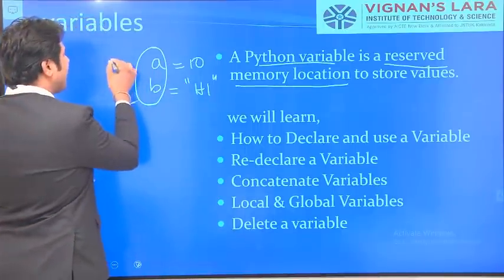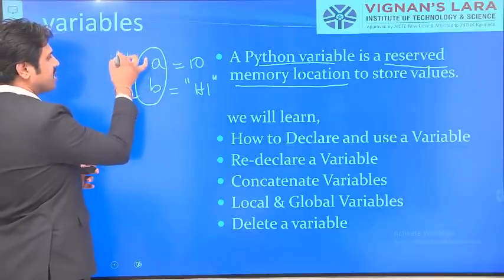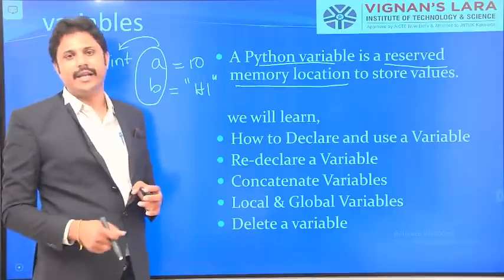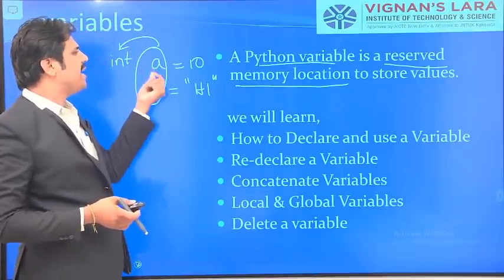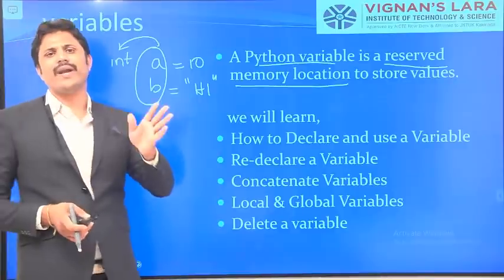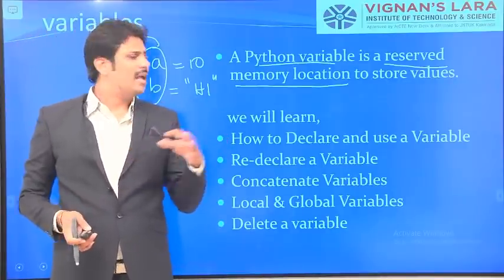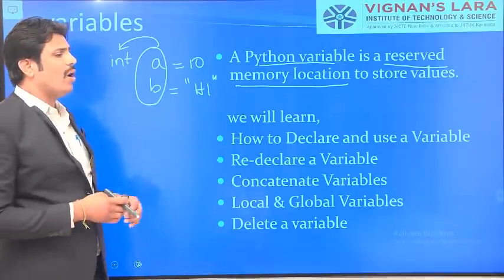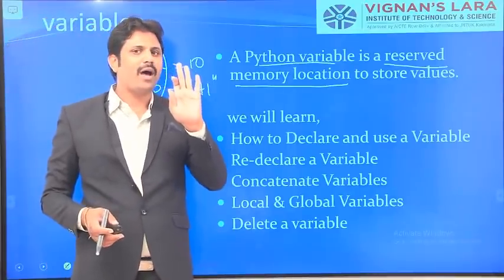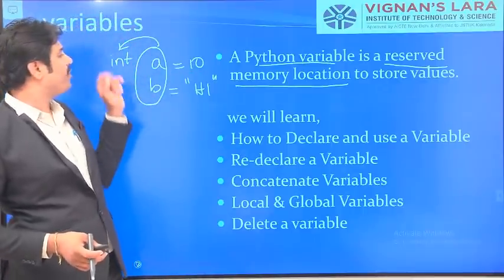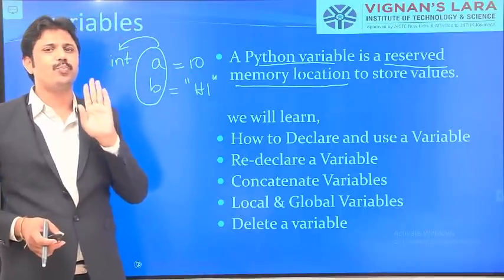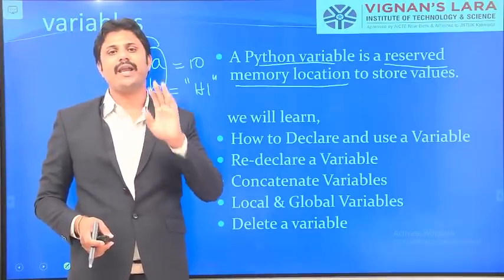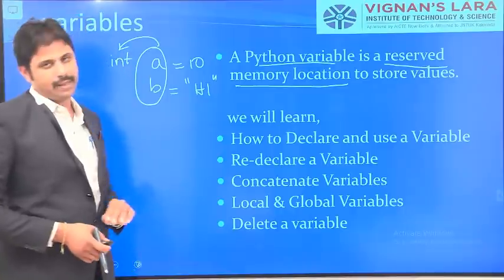What is the syntax there? int, you just mention the data type. But in Python, it is not needed. You simply write A equals 10, B equals 20, C equals hi, D equals something like that. So at the declaration of variables, it is very clear that there is no need to mention any data type.